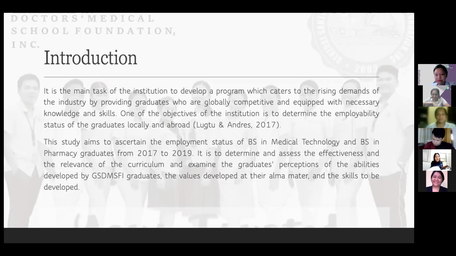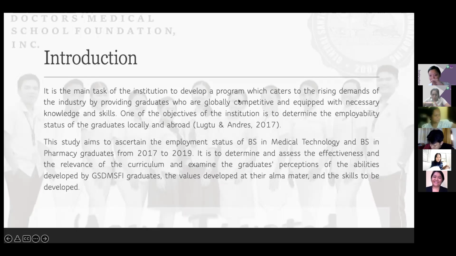And then don't forget to include the historical background of the programs offered by GSMSFI in order for us to be able to connect the findings that we have in the previous tracer study with the need to conduct a study this time because of the absence of information.